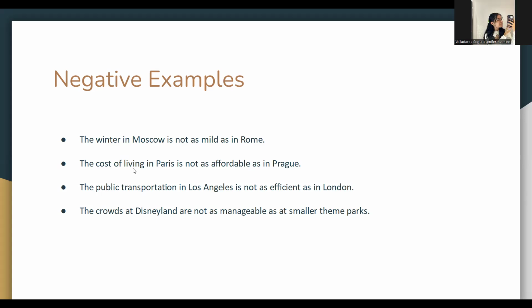Yes, teacher. Please, Jenny, read these ideas, please. Negative examples. The winter in Moscow is not as mild as in Rome. The cost of living in Paris is not as affordable as in Prague.